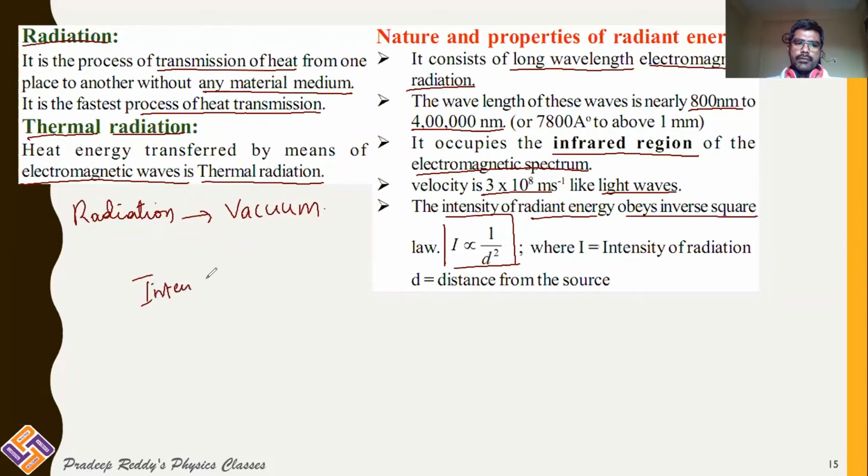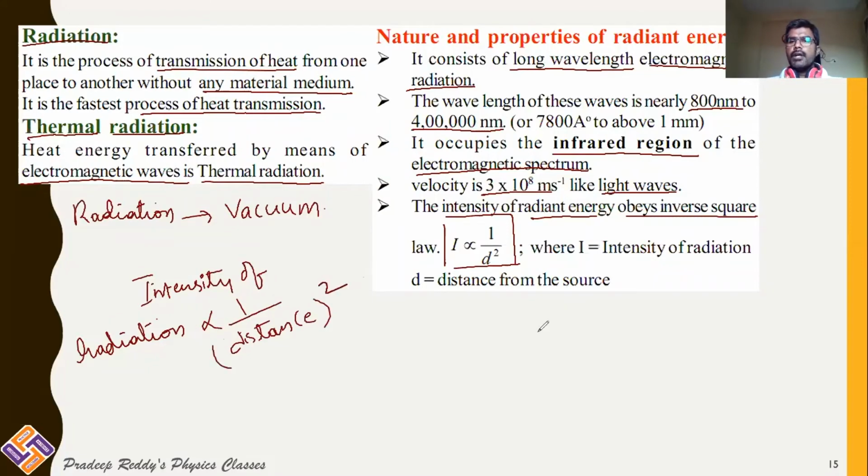Intensity of radiation is inversely proportional to distance squared. So intensity transferred is inversely proportional to the square of the separation from where you are finding the intensity.